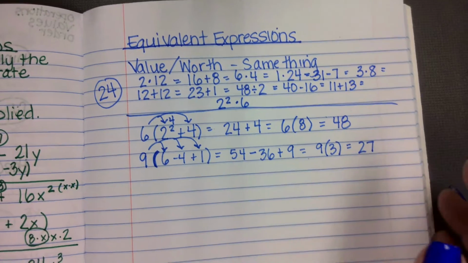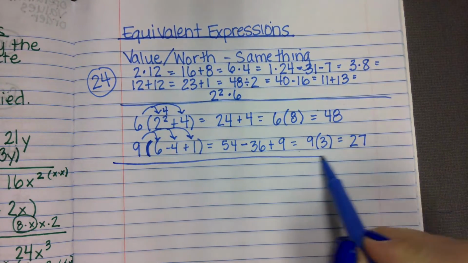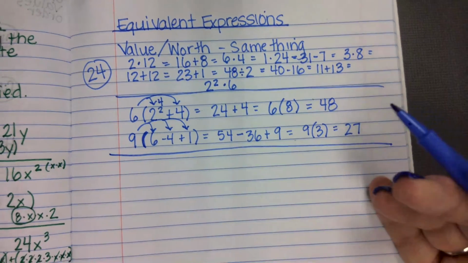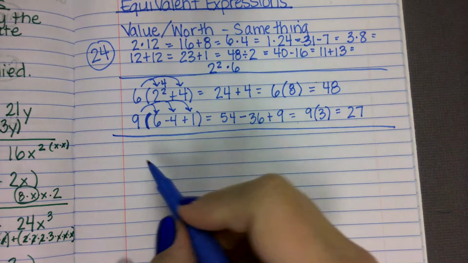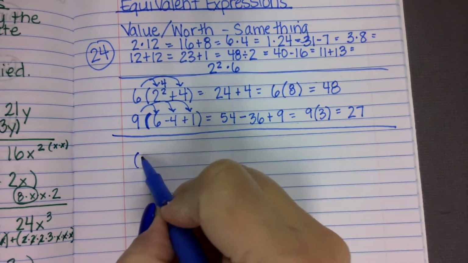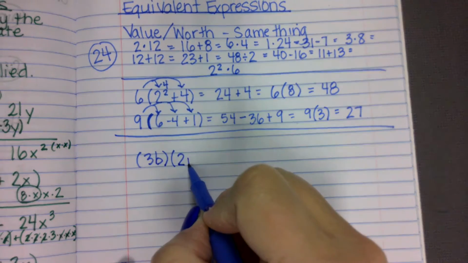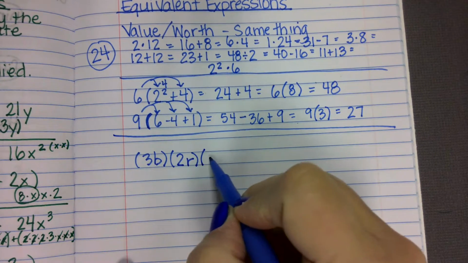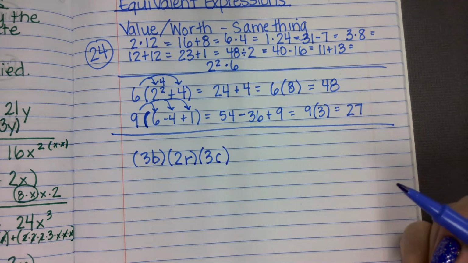Okay, now we're going to jump down and have some variables involved. Because once you learn a rule in math, that rule has to always, always, always work. So what if I have something like this? 3b, 2r, 3c, what would that equal?